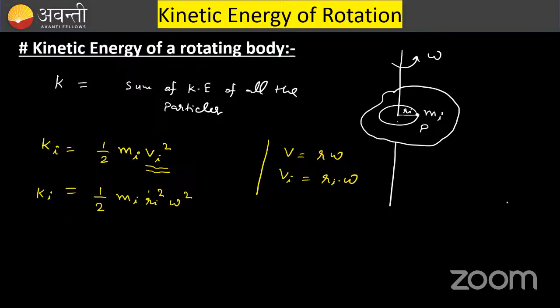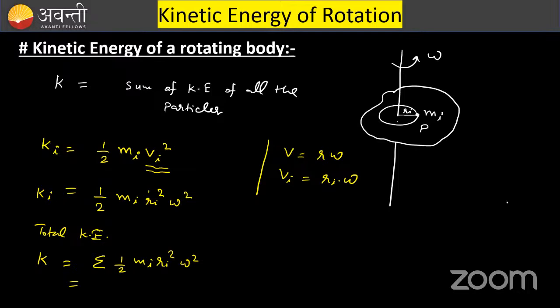If I take the total kinetic energy, K equals, adding all these terms, sigma half mi ri square omega square.